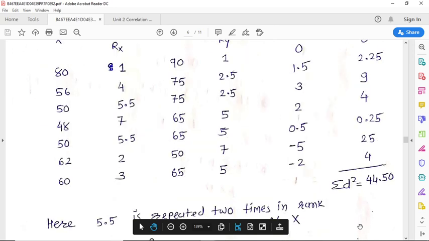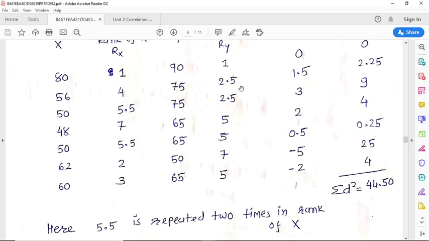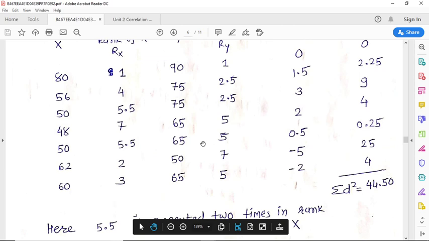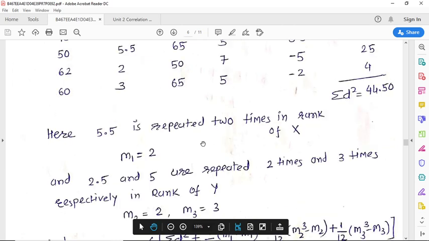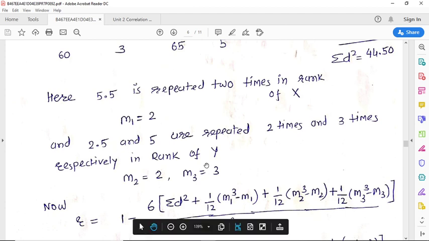Okay, so for the data of x, 5.5 is repeated 2 times, so consider m1 is equal to 2, and 2.5 is repeated 2 times in the rank of y, so consider m2 is equal to 2, and 5 is repeated 3 times in the data, so consider m3 is equal to 3. So m1 is equal to 2, m2 is equal to 2 and m3 is equal to 3.